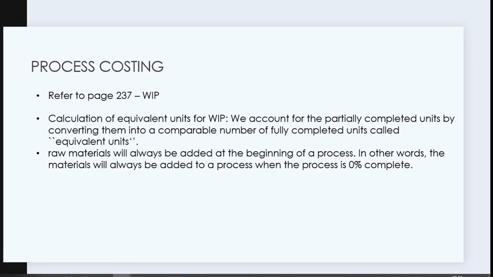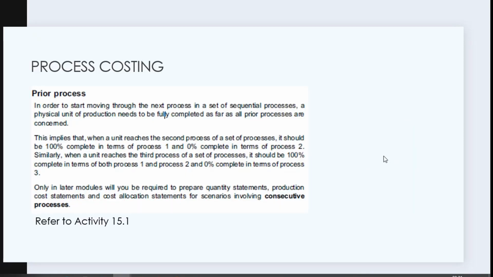So when someone asks you what's an equivalent unit, it's you taking a partially completed unit and converting it into a comparable number of a fully completed unit, if you get what I mean. So that's equivalent units. And as I've mentioned, raw materials are always going to be added at the beginning, and they will be 0% complete.